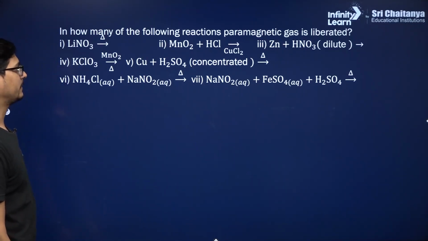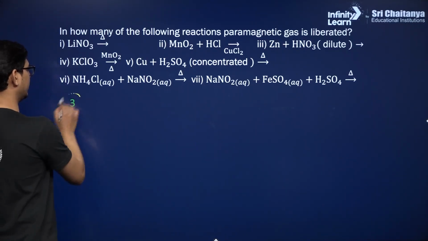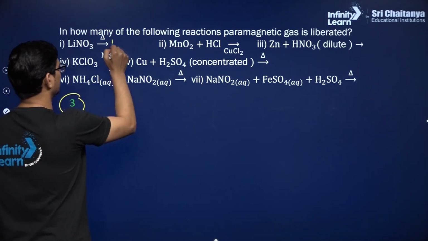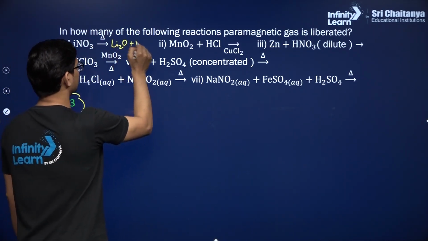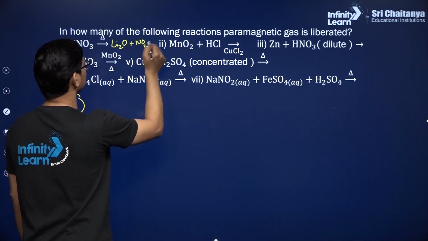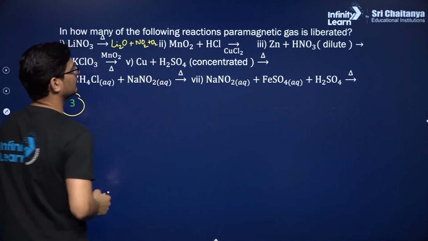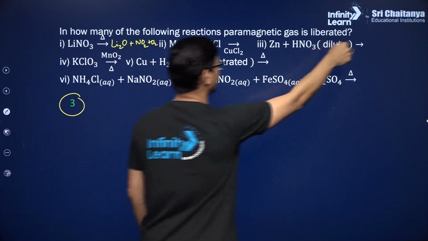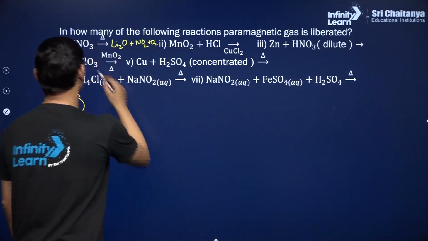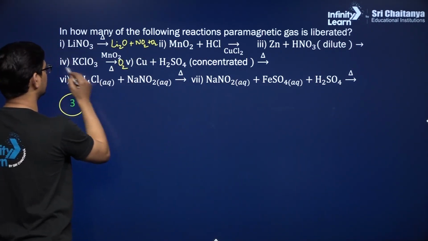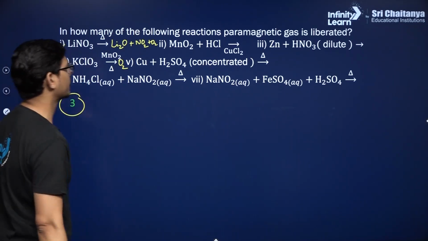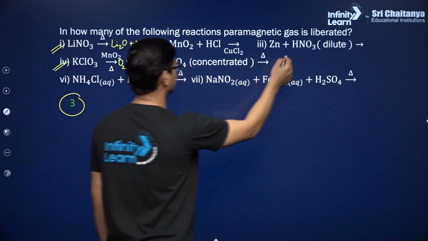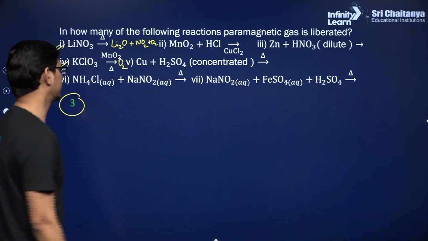In how many reactions is a paramagnetic gas liberated? Lithium nitrate gives NO2 and O2. This gives MnCl2 and chlorine gas, that gives N2O gas, KClO3 gives KCl and oxygen. Copper with concentrated sulfuric acid gives sulfur dioxide gas, which is diamagnetic.